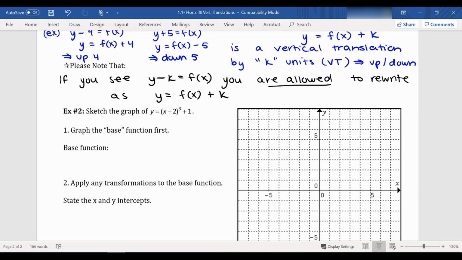If we can figure out what those are and we know those by heart, it's very easy to move them around. Okay, so for example, if I take a look at this function, y equals (x minus 2) all cubed plus 1, my base function here would be y equals x cubed. And because this is one of our basic functions that we have, we should be able to graph this.